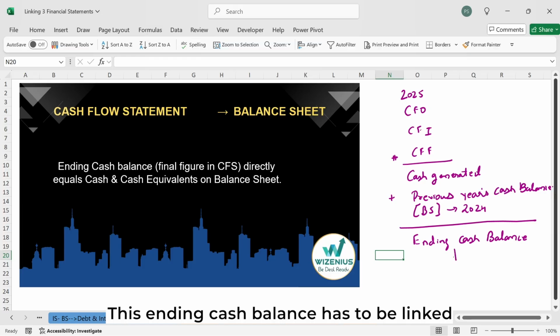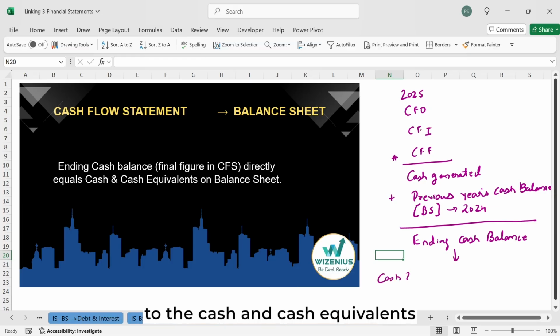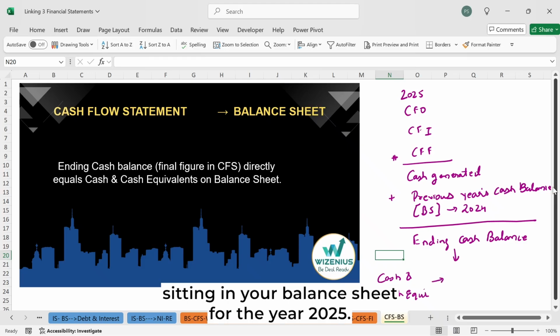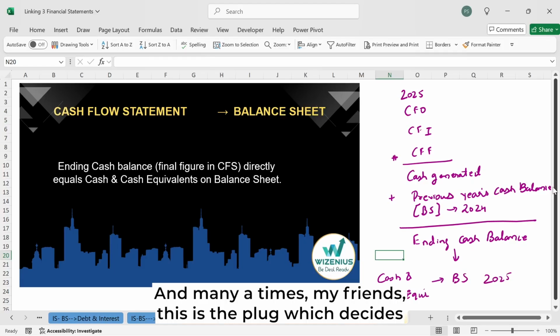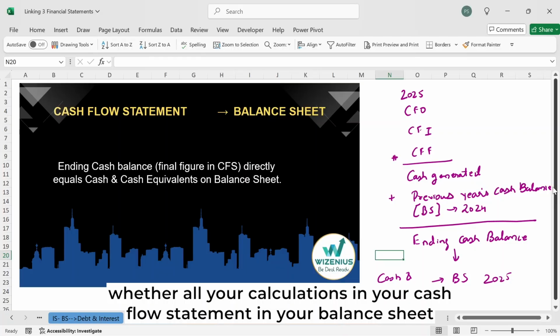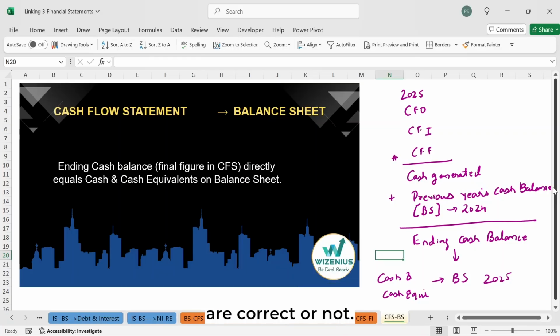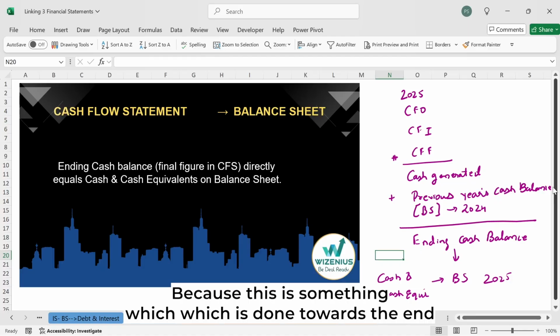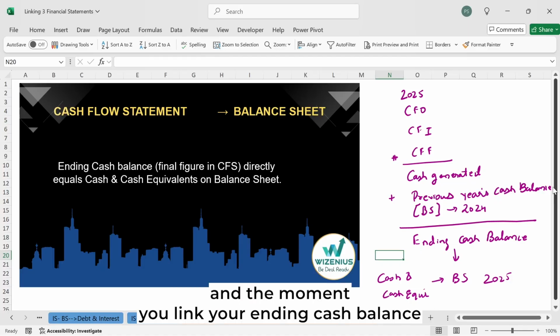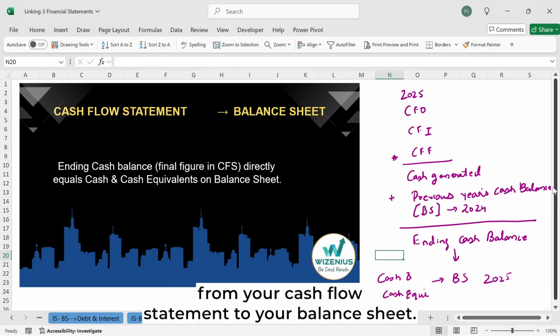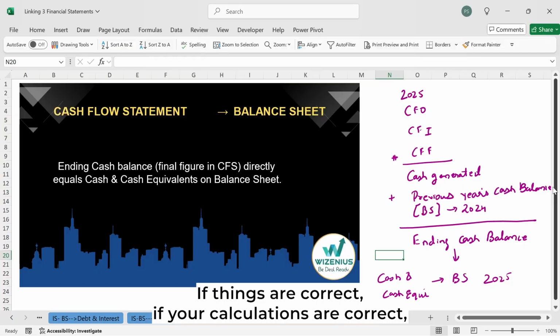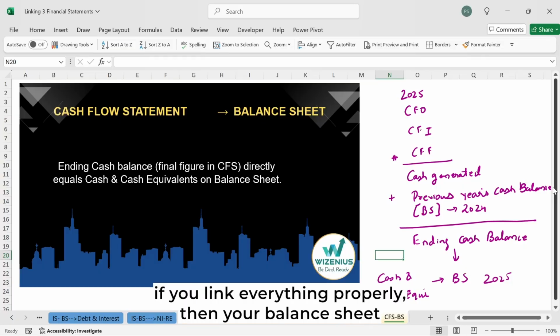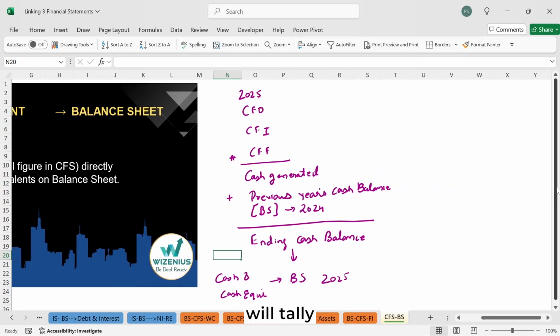This ending cash balance has to be linked to the cash and cash equivalents sitting in your balance sheet for the year 2025. And many a time, my friends, this is the plug which decides whether all your calculations in your cash flow statement and your balance sheet are correct or not. Because this is done towards the end, the moment you link your ending cash balance from your cash flow statement to your balance sheet, if your calculations are correct and you linked everything properly, then your balance sheet will tally.